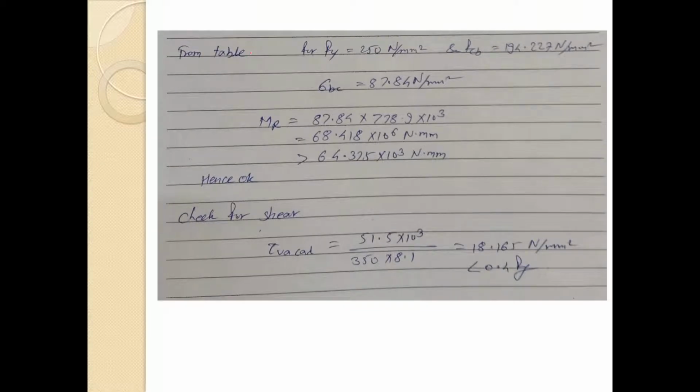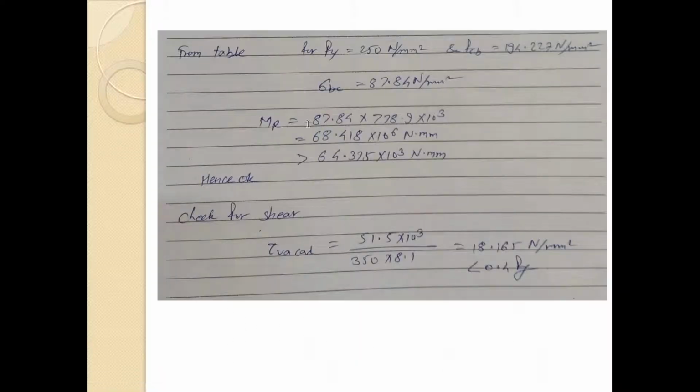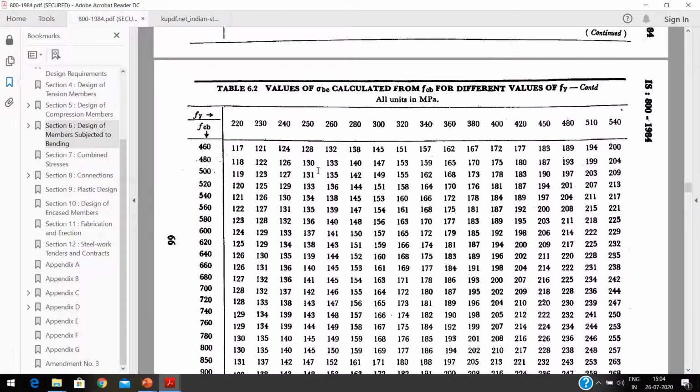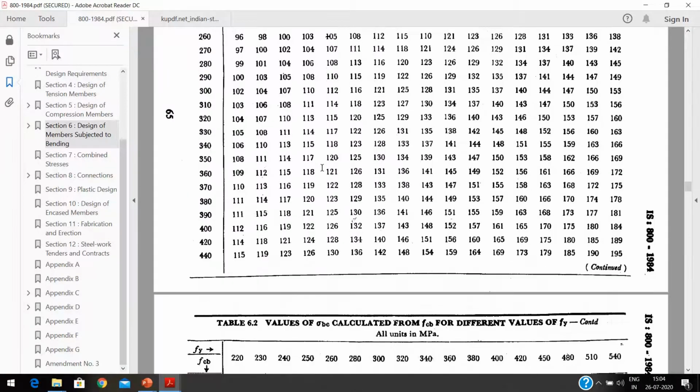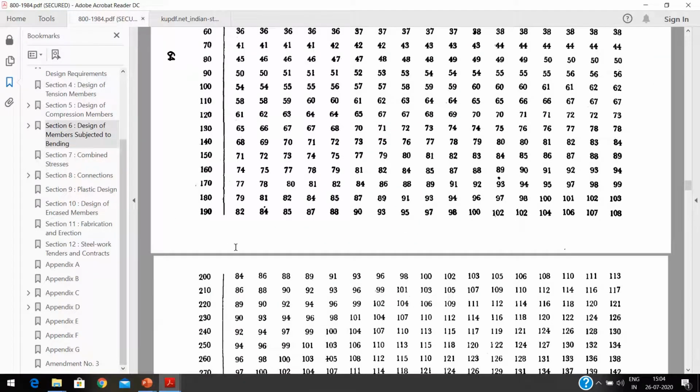Then again from the table, that is for FY and FCB, which is this one. So for FY equals to 250 and the value of FCB is 194.